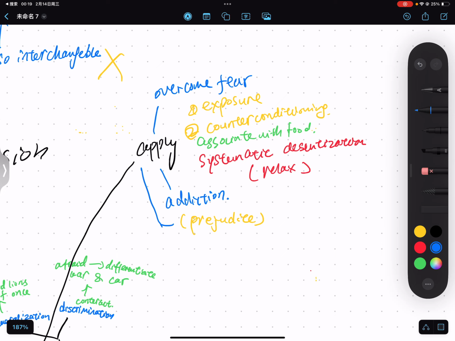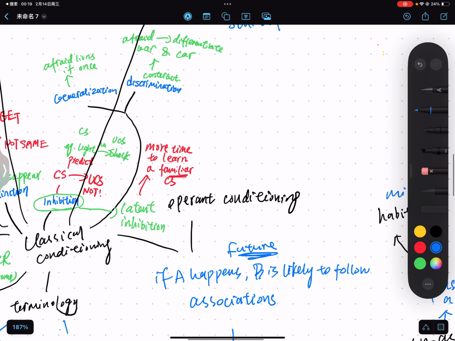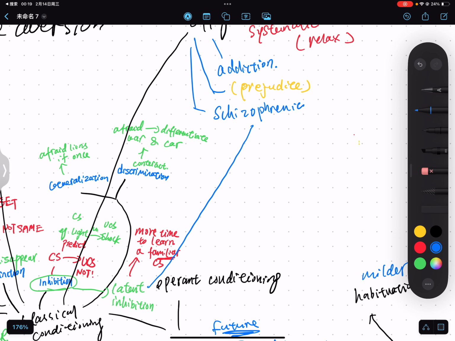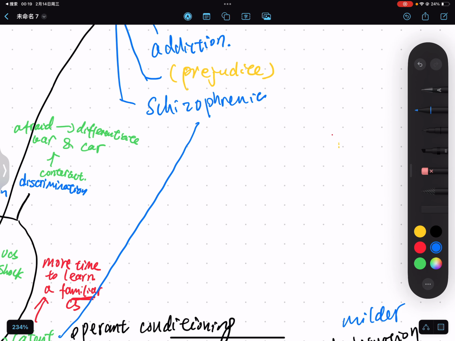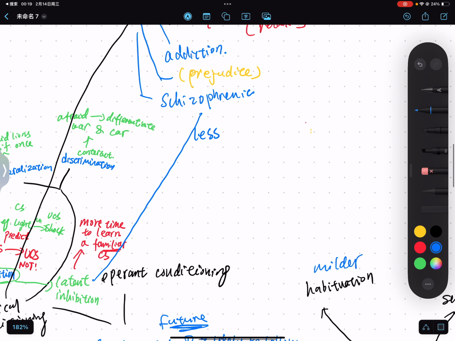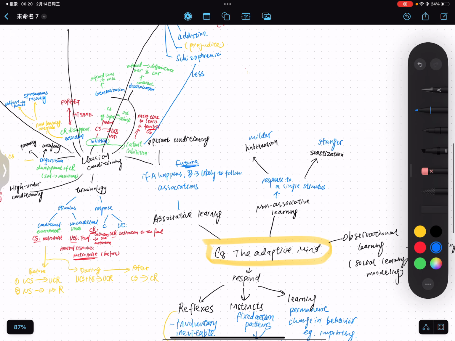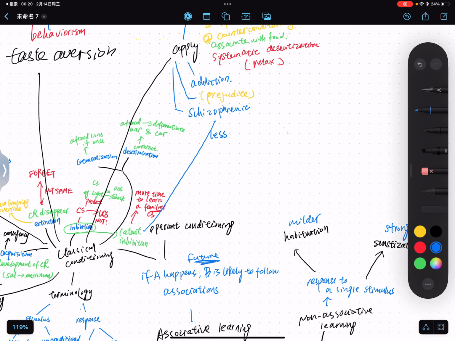And finally, the most important thing is schizophrenia, which is related to latent inhibition, because people with schizophrenia have really less latent inhibition. They will think that although you eat pizza every day, if you have an illness, it's also related to the pizza. And now let's move to operant conditioning.